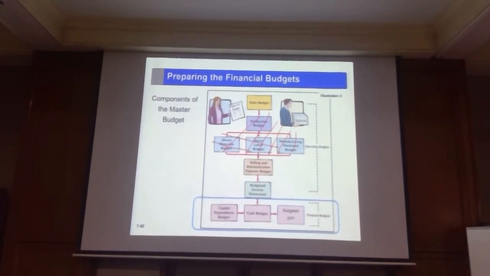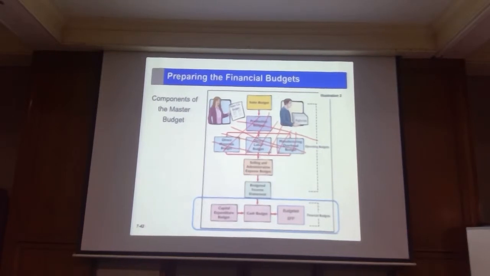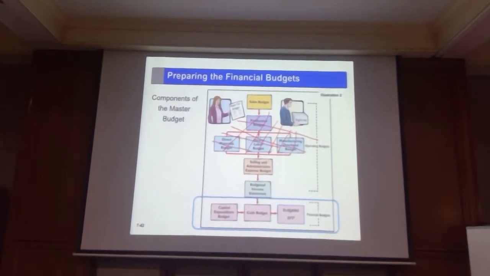If you are merchandising, you don't need to prepare a production budget. If you don't prepare a production budget, it means that direct material, direct labor, and overhead will be gone as well. But this one will be changed to a purchase budget.